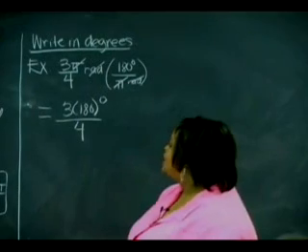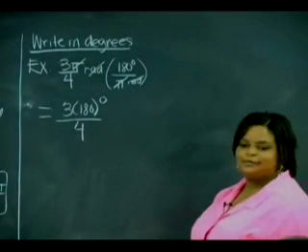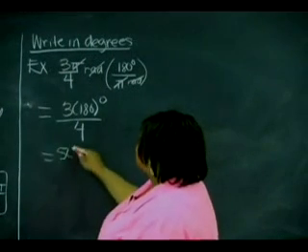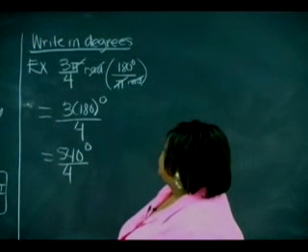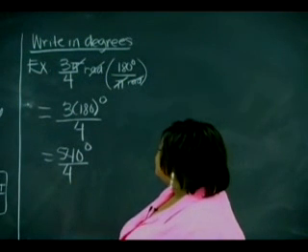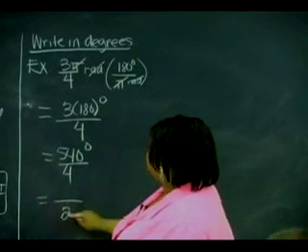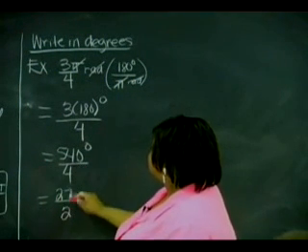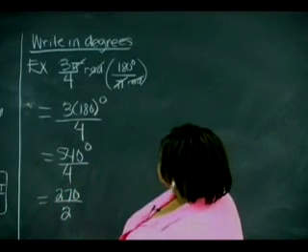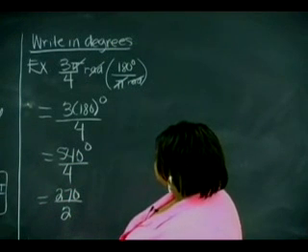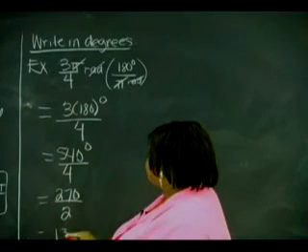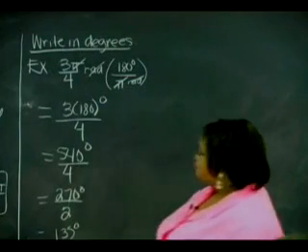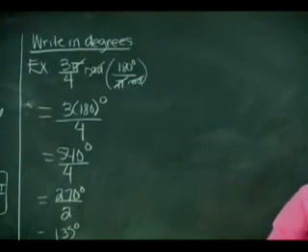Here we go. 3 times 180 is what? 540. Does 4 go into 540? No, we have to simplify this. 2 goes here what? So it should go in there, shouldn't it? 135 degrees.